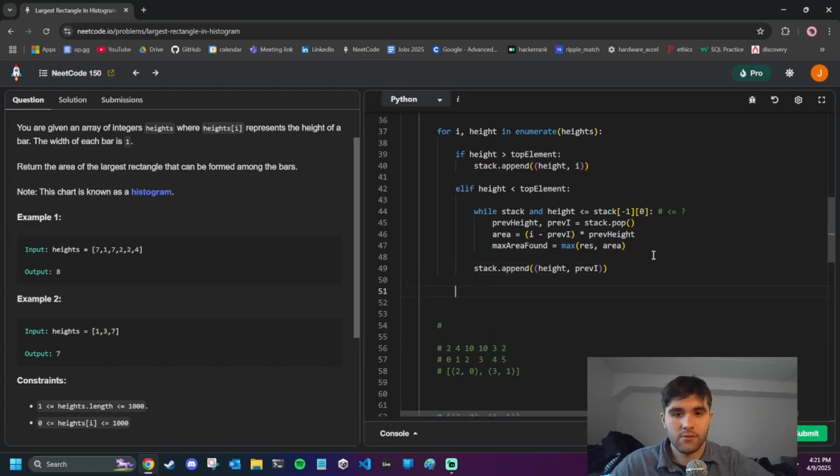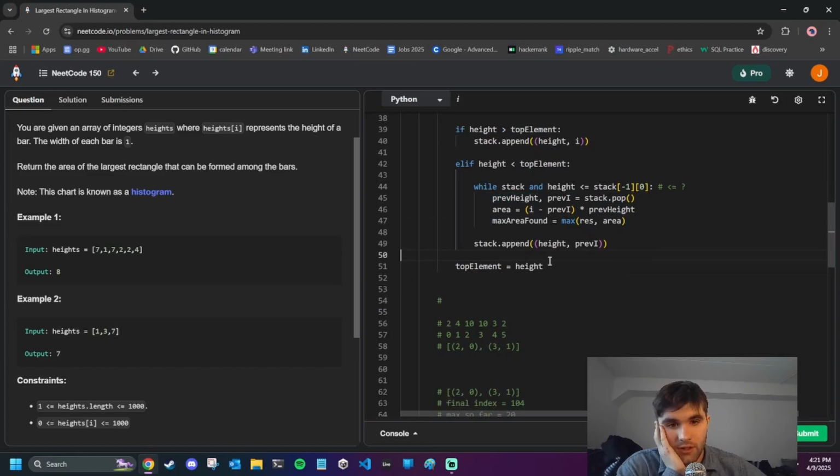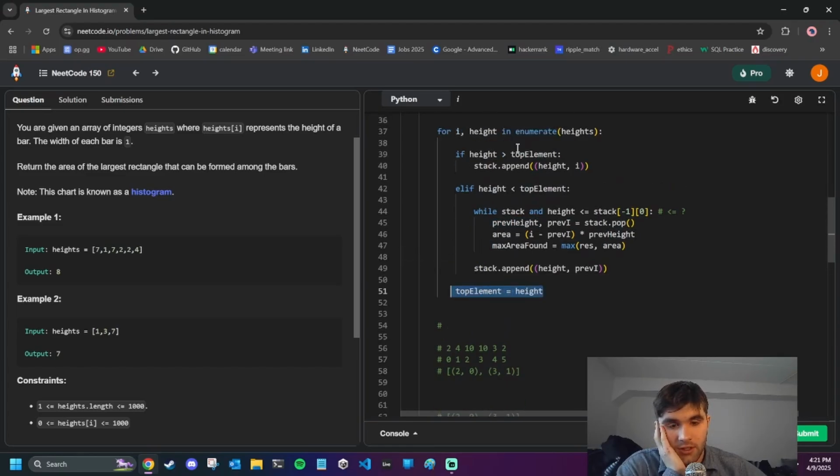I think we could just say like this. It's really just previous. Oh, that's not a good word. Okay, I'll just keep it top element. So then we'd say, okay, we went down again. Height is less than the top element.